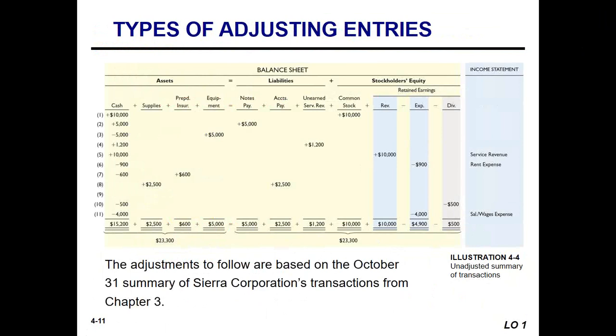Nobody's going to hand us a piece of paper and say, here, these are the adjusting entries. So we have to look at these accounts, remembering that we want our books to be accurate. Is what we see in front of us an accurate representation of our company books? And we know the answer to that is no, not really. We need to do a few things.